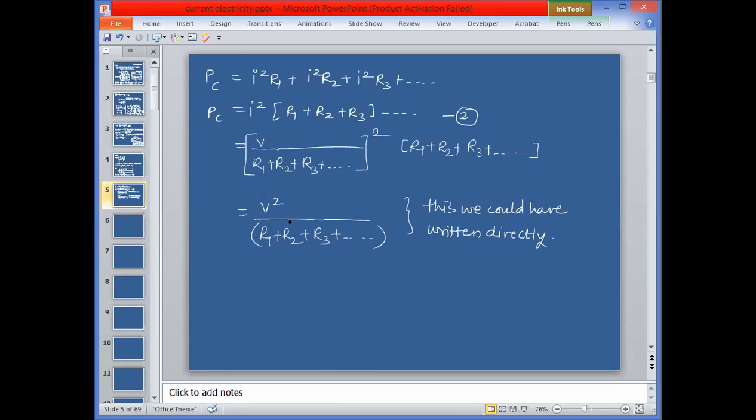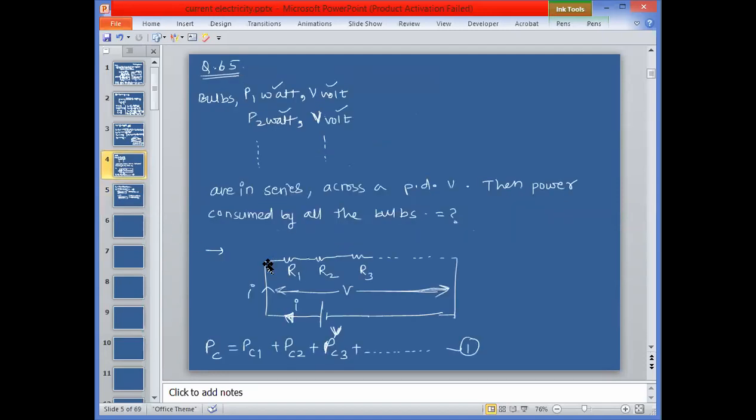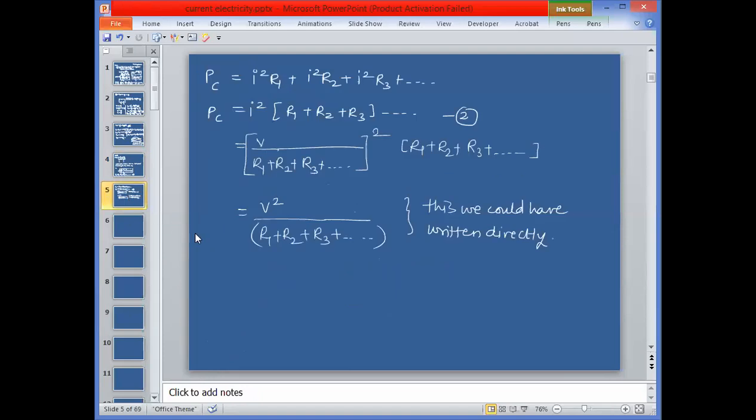Everyone? Could this have been written directly or not? Total potential difference across all the bulbs, V square, and effective resistance of all the bulbs combiningly, R1 plus R2 plus R3 and so on. So this we could have written directly also. Okay, sir.